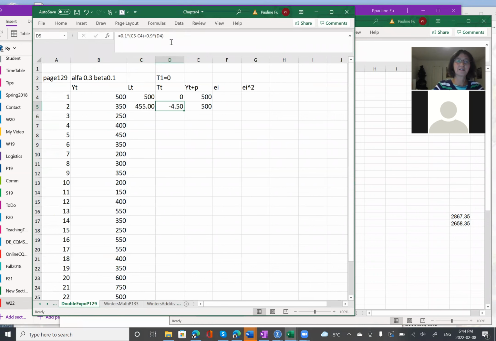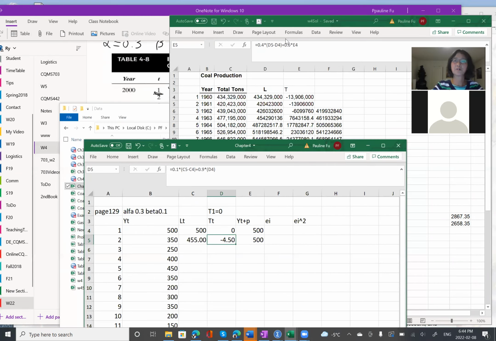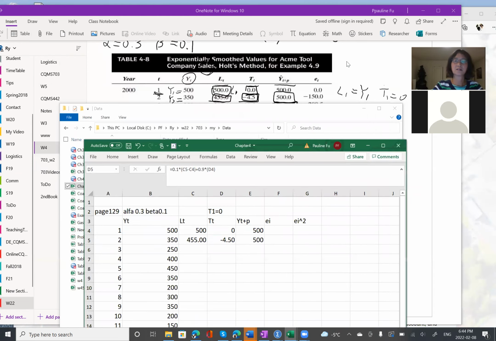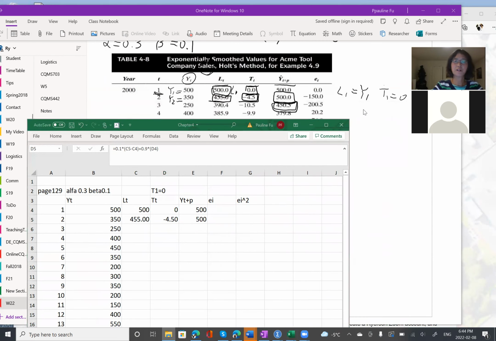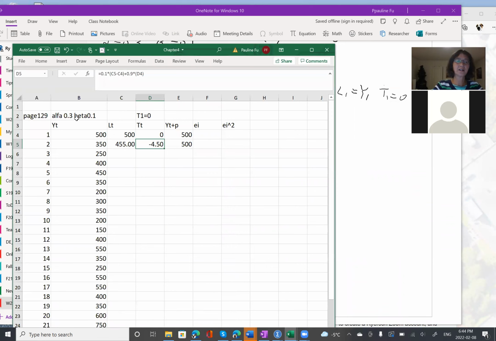Yes, this is the data. I'm going to close this one. I pause for a moment. If you want to follow my steps, you go to this data. Alpha is 0.3, beta 0.1. I will delete all the stuff and do it all over again.